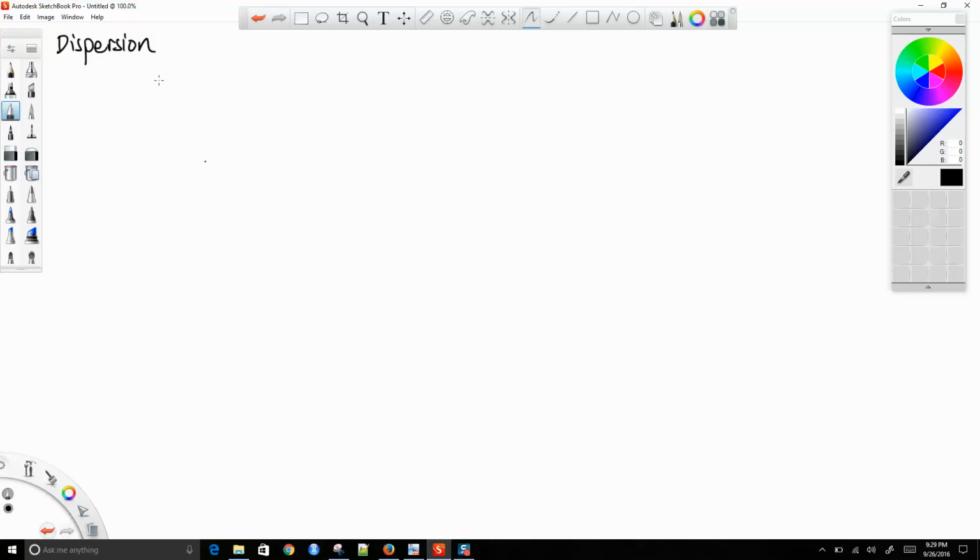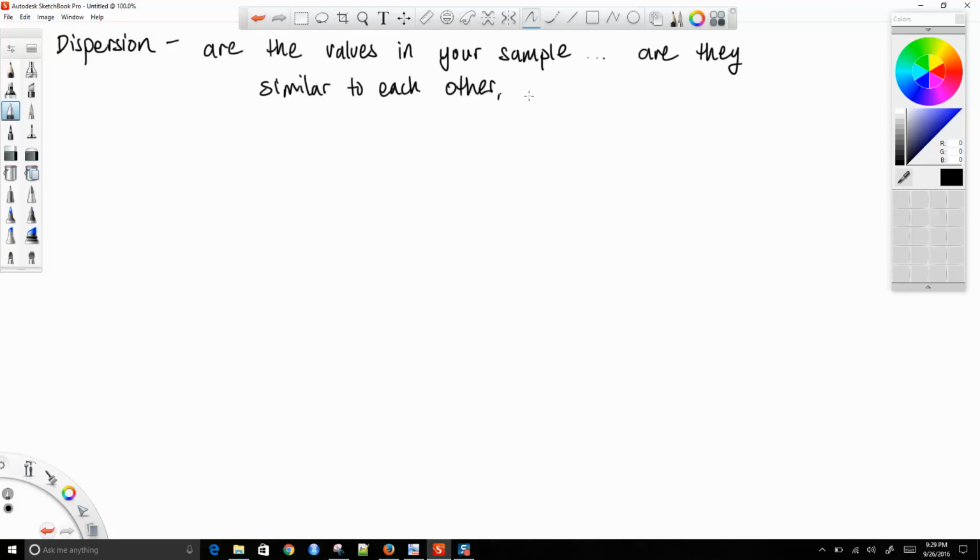Are the values in your sample similar to each other, or are they very different from each other? This is the idea of dispersion.